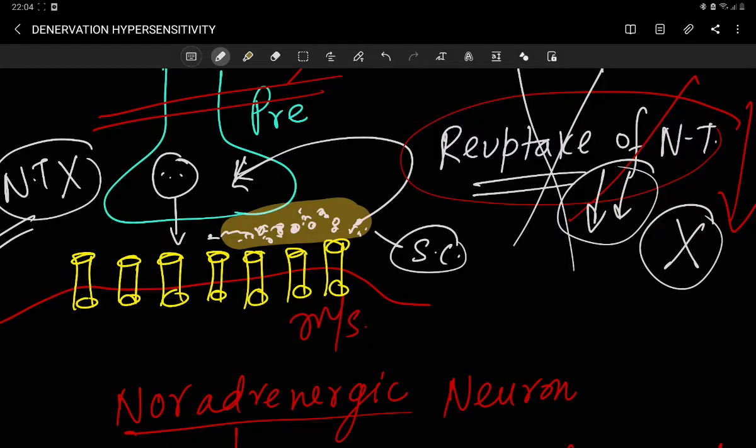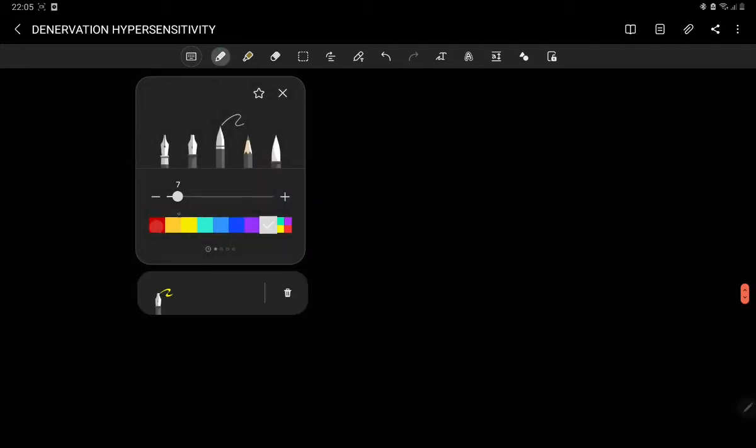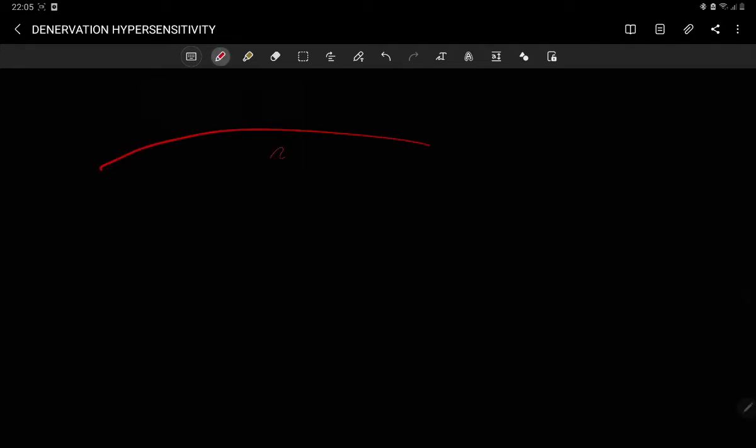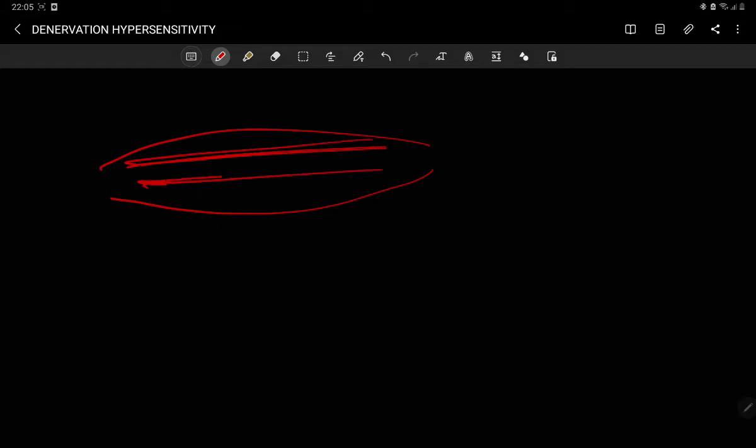So this may facilitate your muscle for its function. One point which I want to add here is fibrillation. Let's imagine this is a muscle and there are various muscle fibers. I am drawing three fibers here: one fiber, this is the second fiber, this is the third fiber.